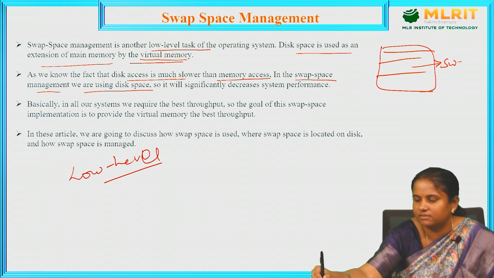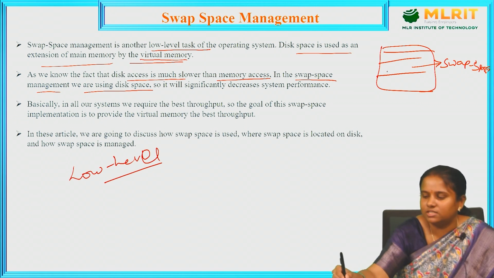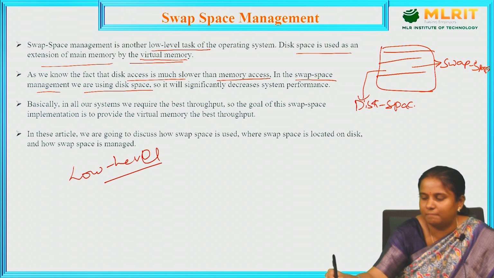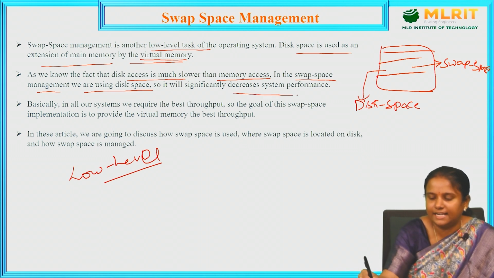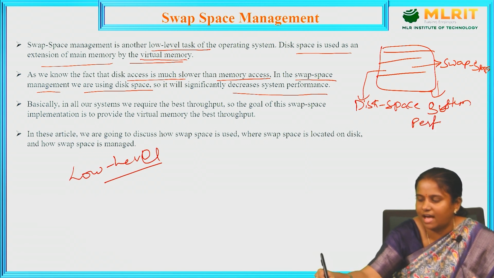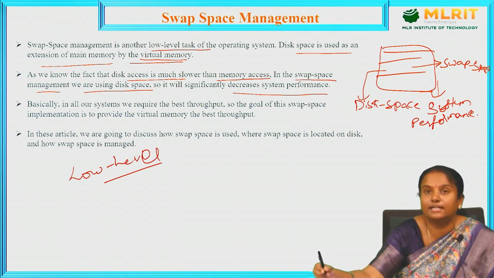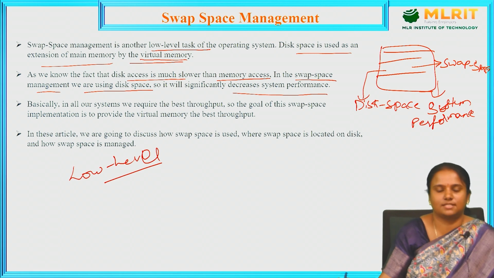The space that is left is what we call swap space, and we use it as disk space. So it will significantly decrease the system's performance. Whatever is placed in the swap space is used as disk space, and this disk space decreases the system's performance.